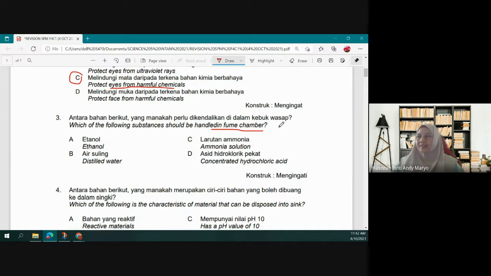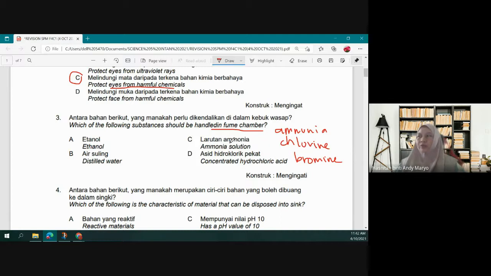Okay, any idea? So I write to you the toxic gases. This is ammonia gas, chlorine gas, and then bromine gas. Okay. So is it ethanol, distilled water, ammonia solution, or concentrated hydrochloric acid?